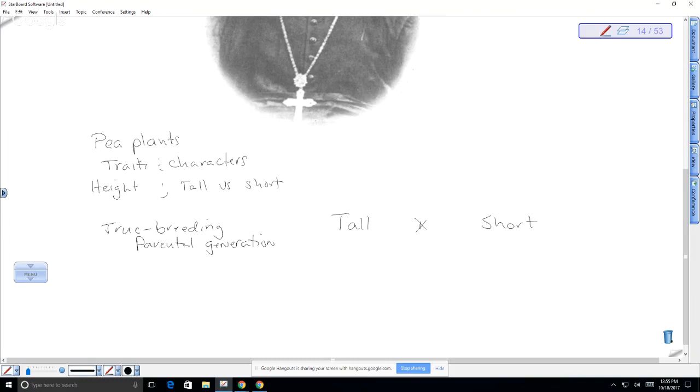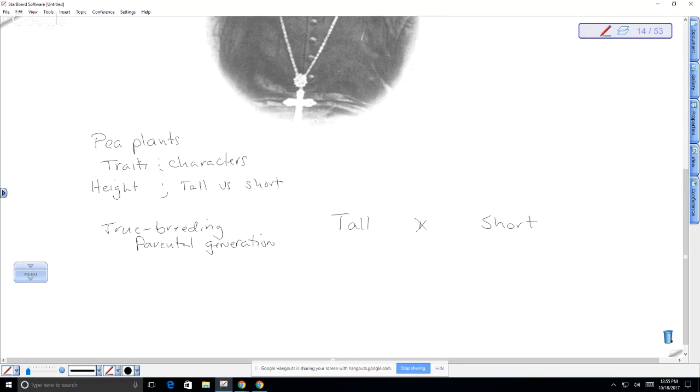What that means is if I took this tall plant and I bred it with another tall plant, I would always get tall plants. It's true breeding. It's never going to produce a short individual. If I took this short plant and I bred it with another short plant, it would always produce short plants. You would never get a tall plant. So that's what true breeding means, is you never get variation. You always have that characteristic, okay?